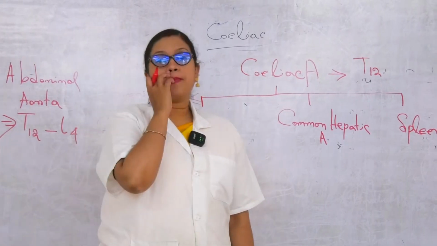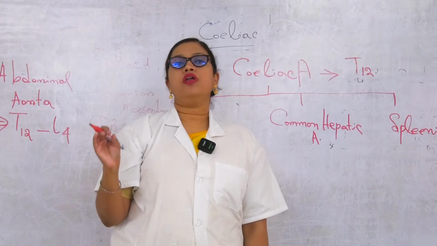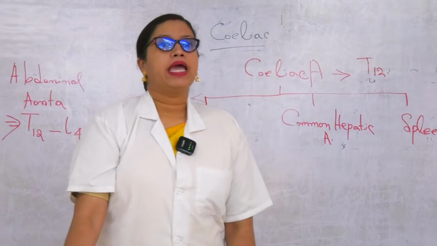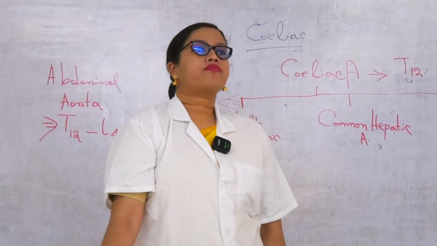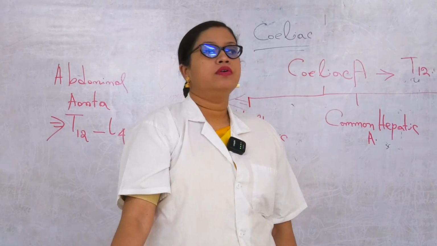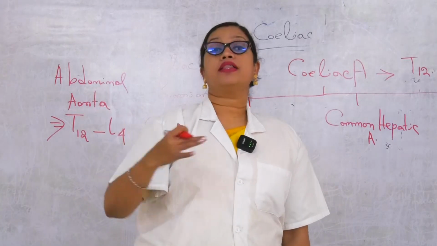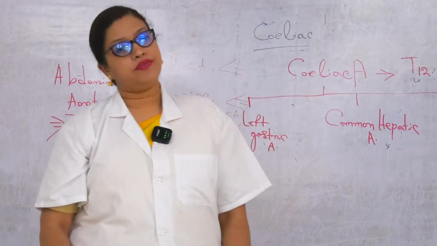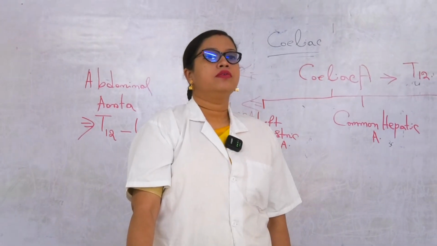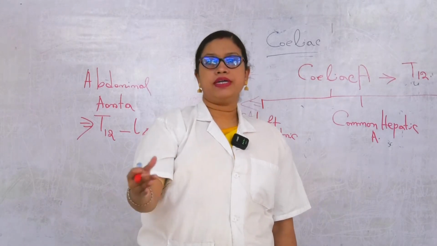Now we will come one by one. What are the relations? How does it come out? So what I told you, write it down. It is coming out at the vertebral level of T12 and it is guarded by the inferior surface of the liver and the stomach.